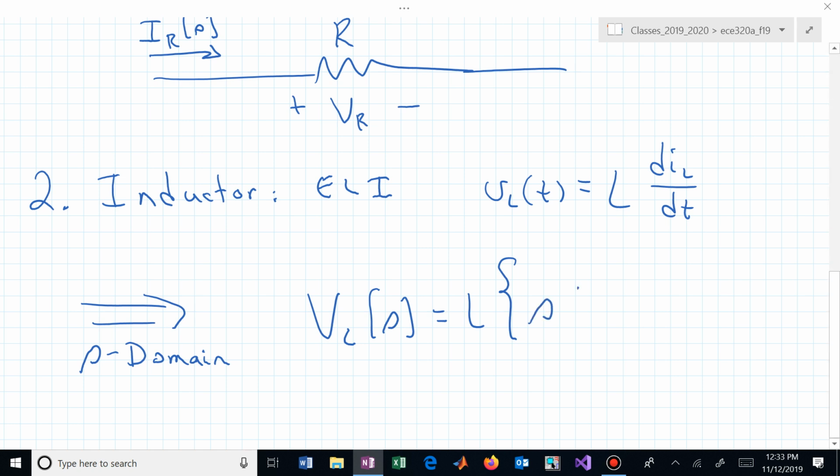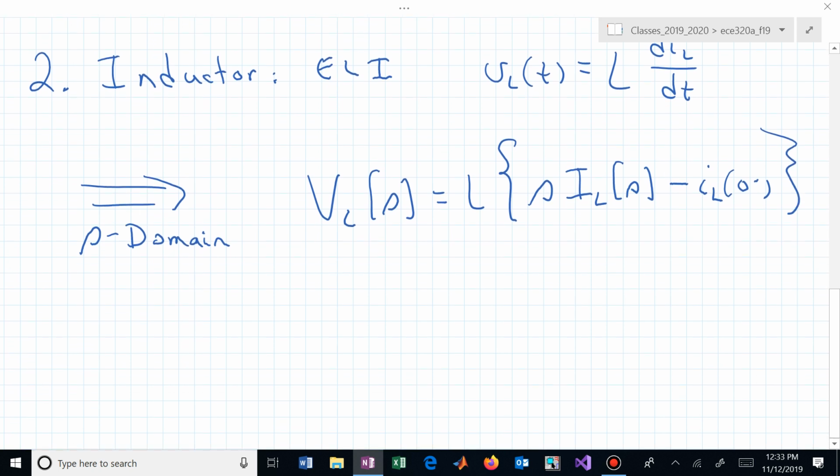We now know that S times I sub L of S minus I sub L of 0 minus now needs to be included if, in fact, we have initial conditions on that inductor. We can distribute the proportionality constant, which is the inductance, on the right-hand side, and we now have SL times I sub L of S minus L I sub L of 0 minus.